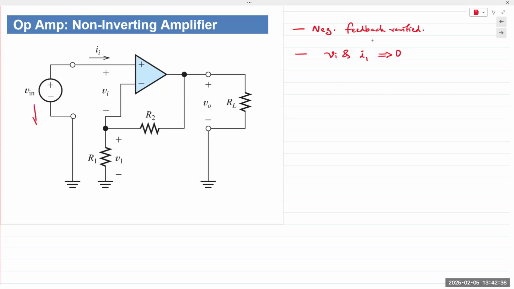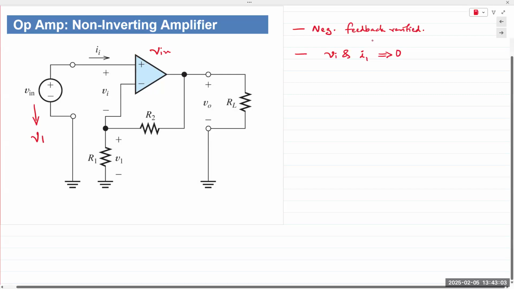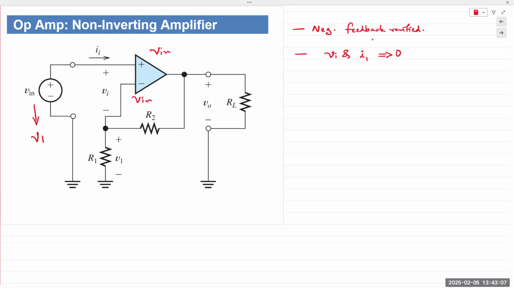We can state also, because of virtual short, if the voltage at the non-inverting terminal is V in with respect to ground, because we say both terminals are virtually connected together, virtually the same potential, for purposes of analysis, we can state the same voltage appears at the negative terminal because of virtual short.